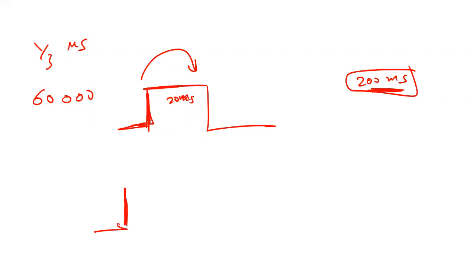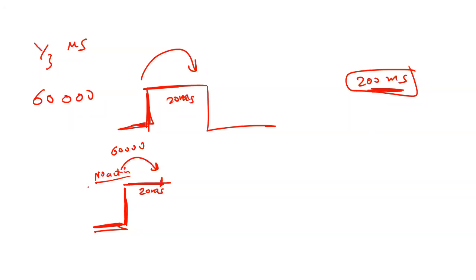Once I come here, okay guys, I'm gonna say next interrupt after 60,000. 60,000 means 20 milliseconds. Is that okay? However, I'm gonna change the configuration of the pin to no action. So I'm saying make an interrupt after 20 milliseconds, however, the action is no action.